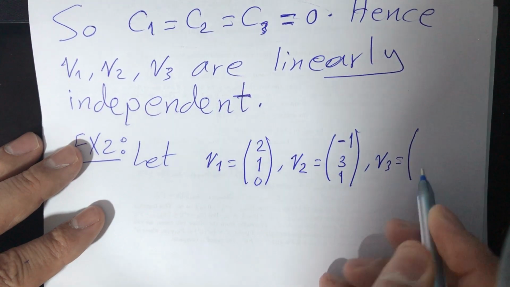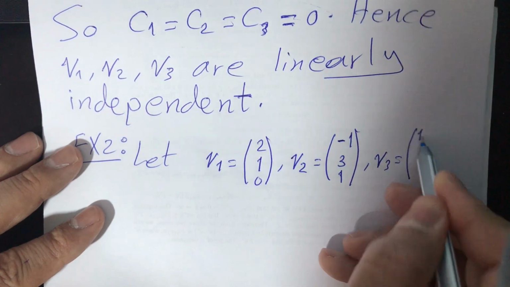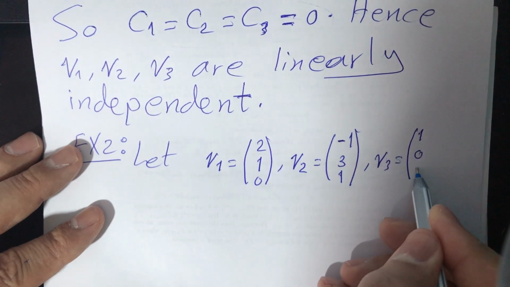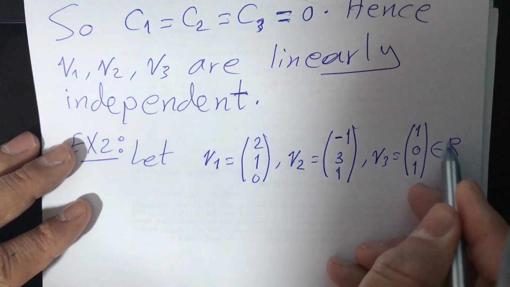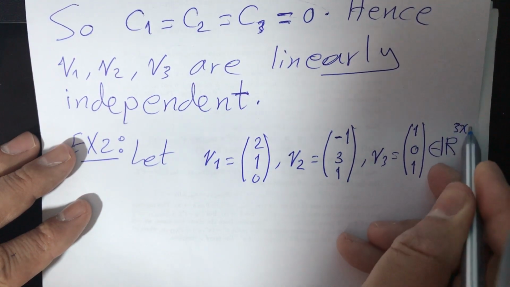V3 is equal to 1 0 1. This belongs to R 3 times 1.